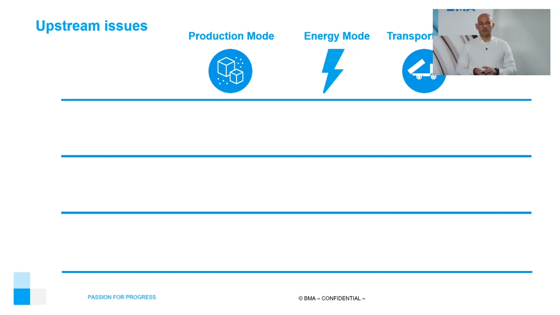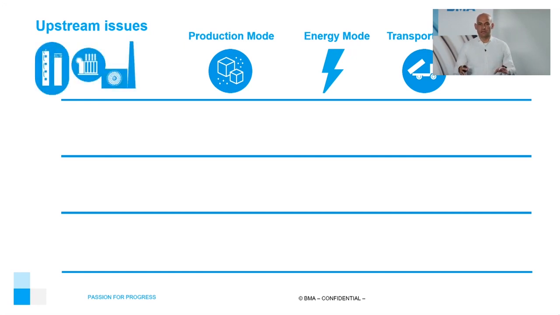We started with the upstream issues, that means with our power supply and with our crystallizers, and we talked at the beginning about the hardening of sugar inside the mixers. The best way for this problem to be resolved is using our production mode, but with the energy mode as well, we will have a big improvement of this issue.